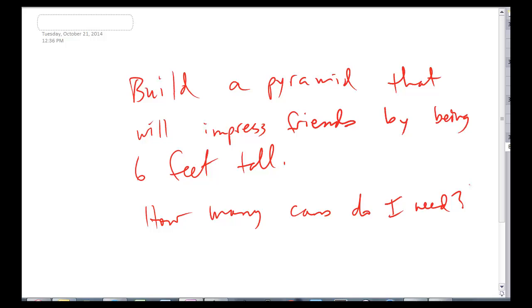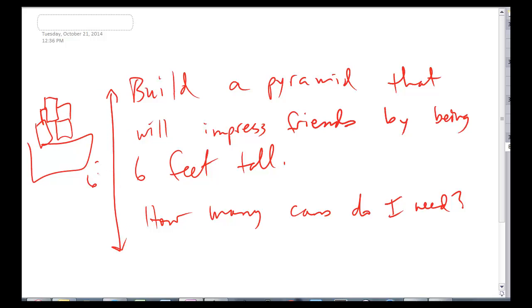Now, how do I solve this? How do I solve building a pyramid that will impress friends by being 6 feet tall? Well, first of all, I've got to figure out how many levels in 6 feet. If I've got a pyramid that consists of this, one level, another level, another level, another level, and I know all of this is 6 feet, I've got to decide how many levels that is.